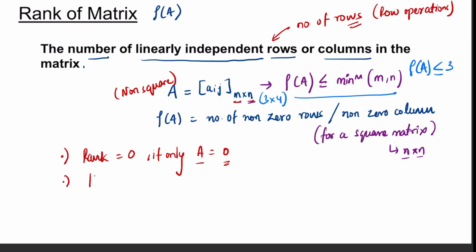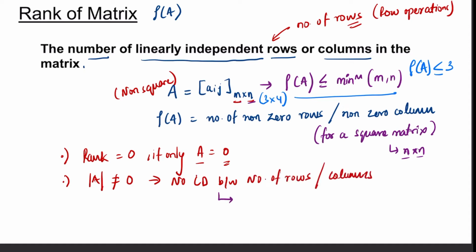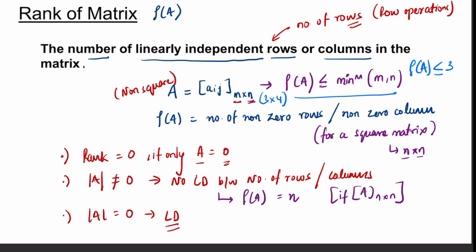Also, if a matrix is non-singular, that determinant of A is not equal to 0, then this condition only occurs when there are no linear dependencies between number of rows or columns. Since there is no dependency, the rank of matrix will be equal to n if the matrix A is square matrix, and if it is singular, then definitely there will be linear dependencies, then only the determinant can be made 0.